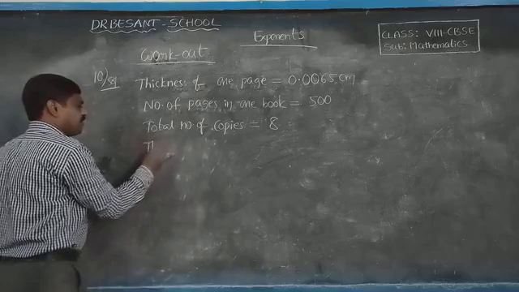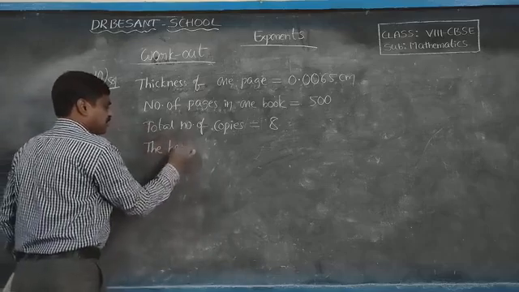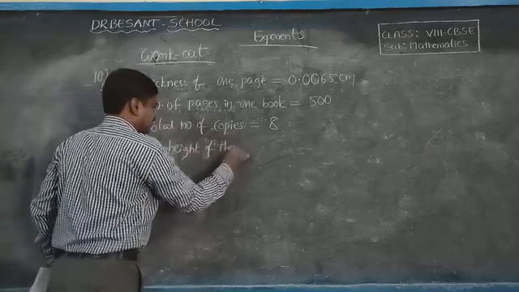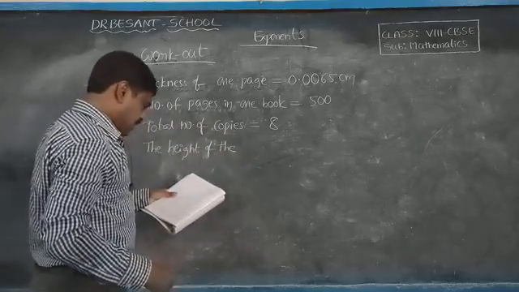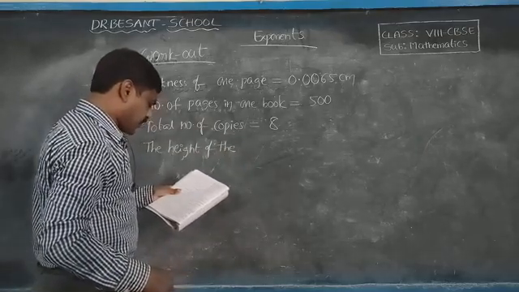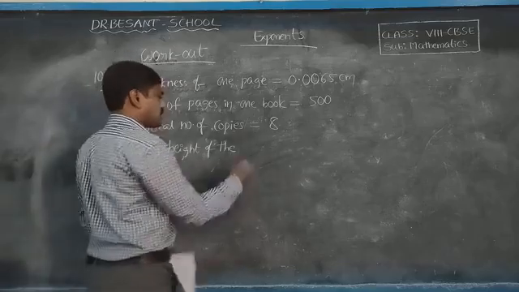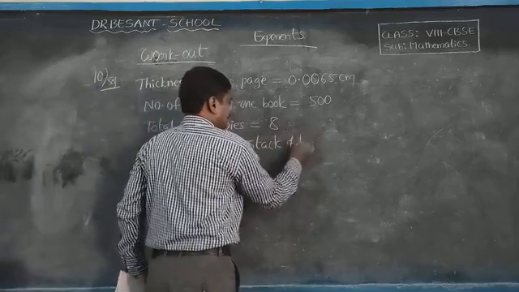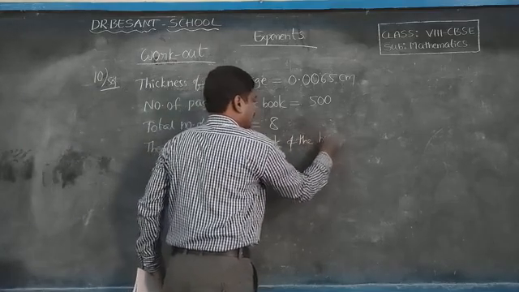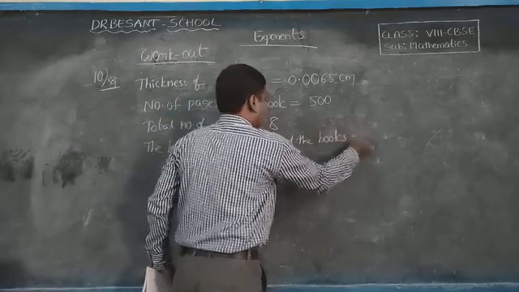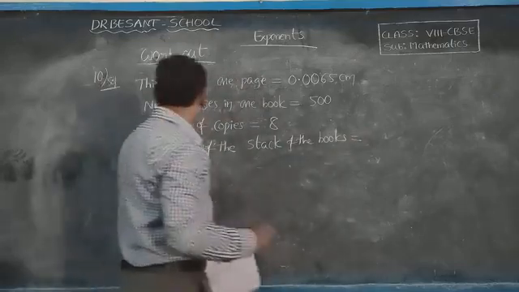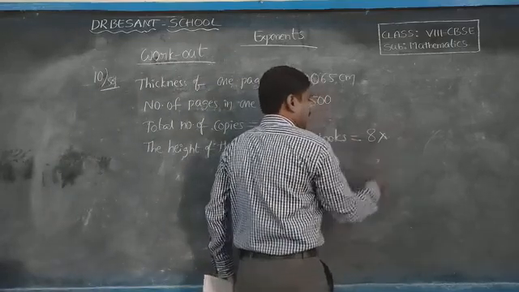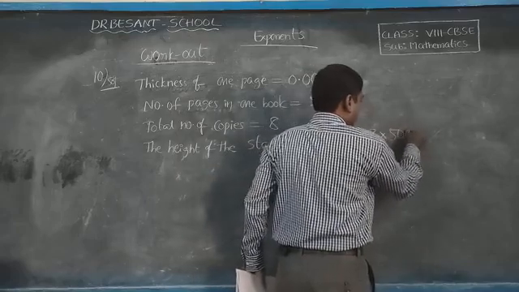Therefore, the height of the stack of the books is equal to total of how many copies? 8 copies. Each copy having 500 pages.